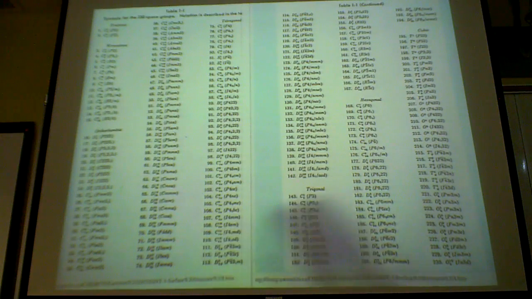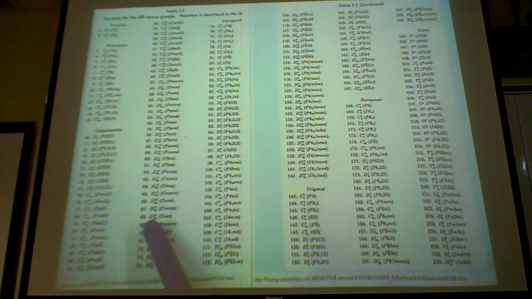You can come back to this table and look up. FMMM really has the D2X symmetry, right? It's a certain type of D2X symmetry, and then you can maybe figure out what they are. So this is just a translation table for future reference about the space group that you see.